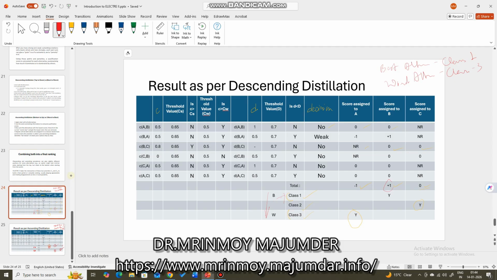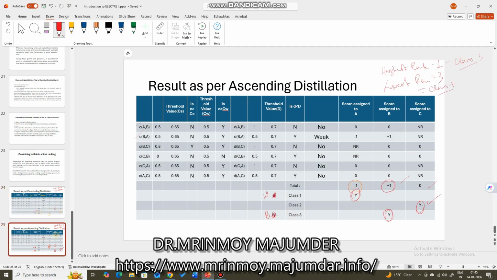That same alternative has got the worst class in case of ascending distillation, which is worst to best. Worst class means here class 3. Class 1 is the best with respect to class, right?